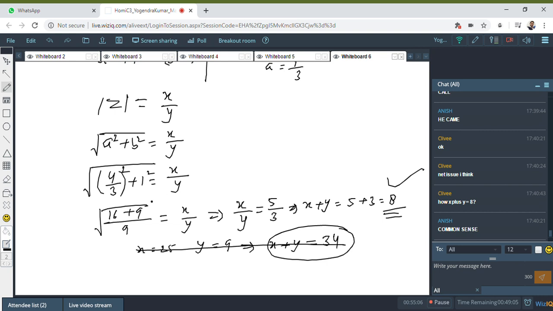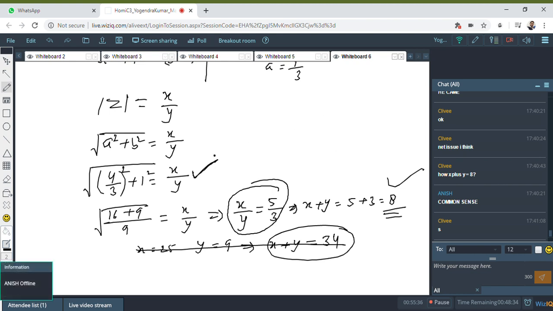See here, now they have given that mod z is equal to x upon y. Clive, I'm not just comparing this ratio like that.